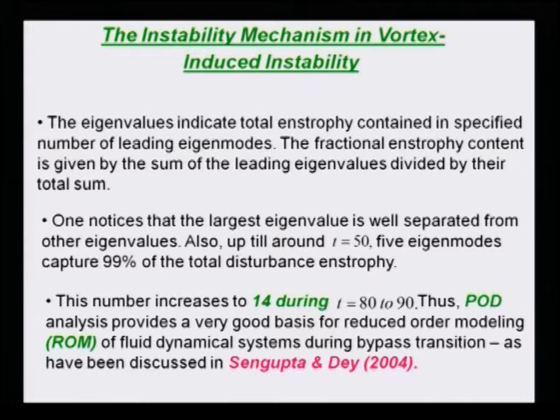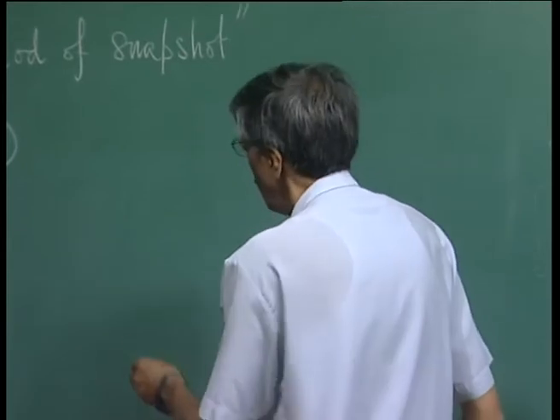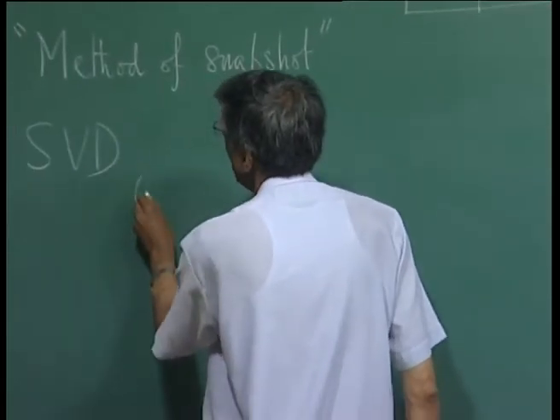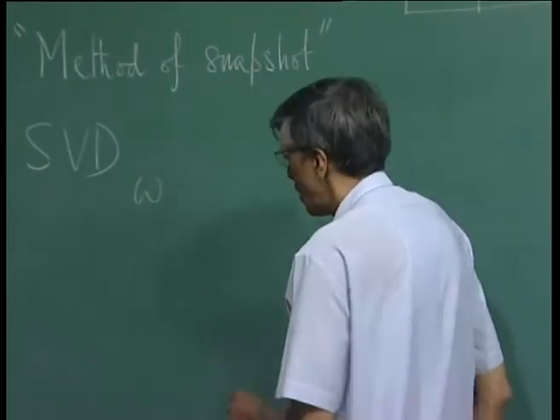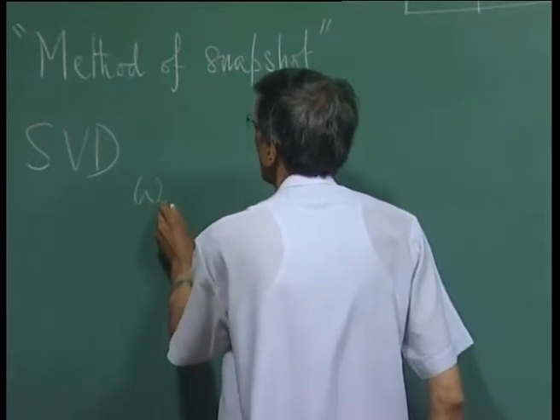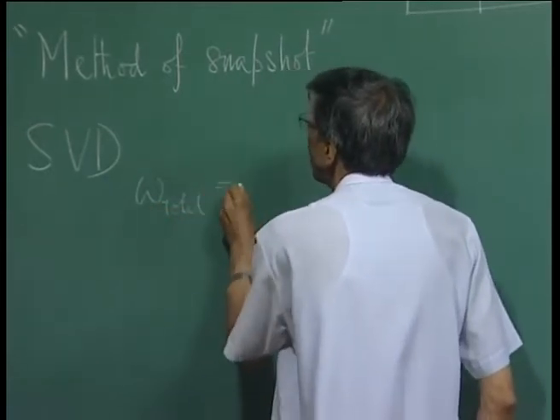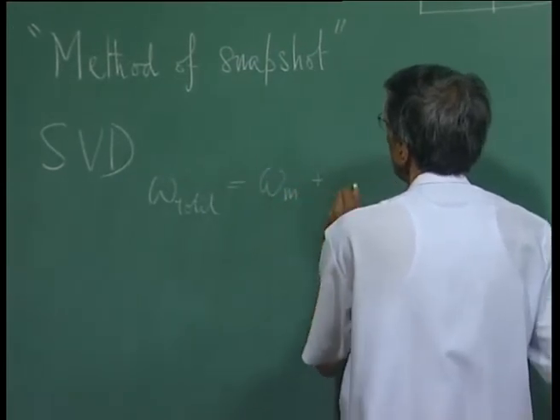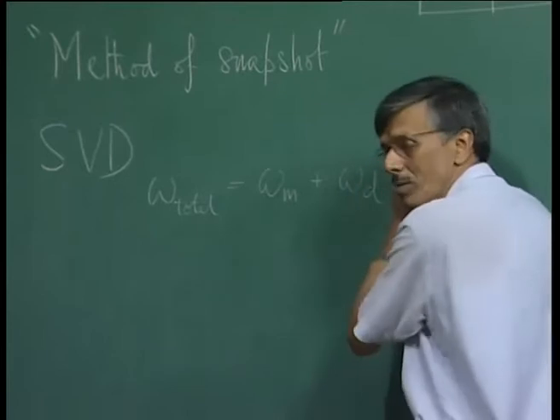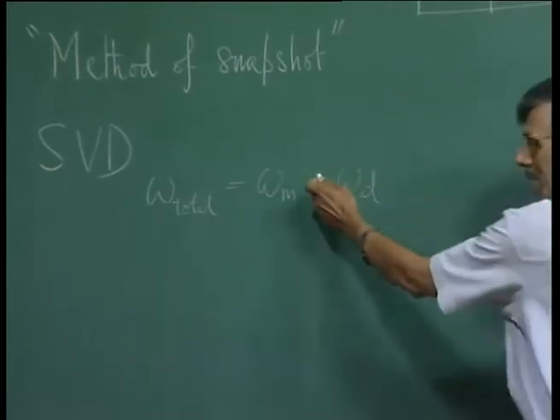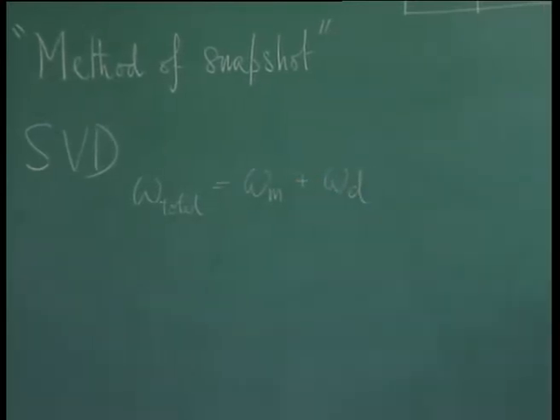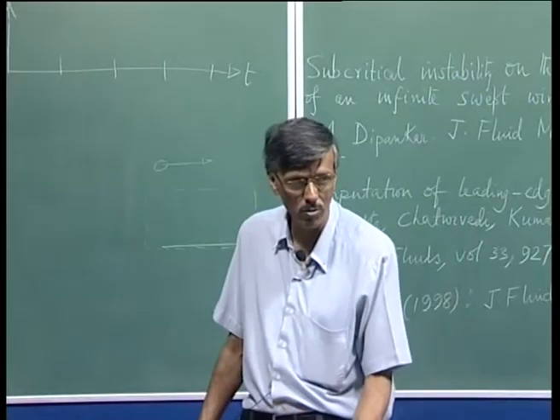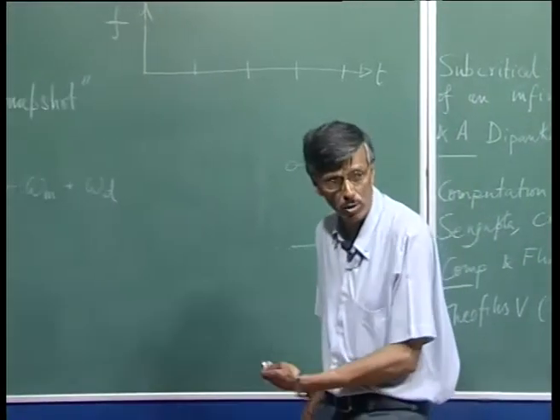So how do we talk about this? Basically what we do is we solve for the vorticity. So if I call that as the total quantity, that is nothing but omega mean plus say omega disturbance. I am not writing epsilon, but that is understood that it may or may not be a lower order quantity, but at the initial stage it could be.